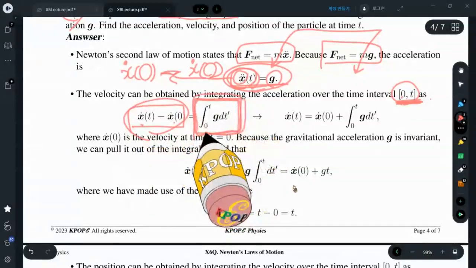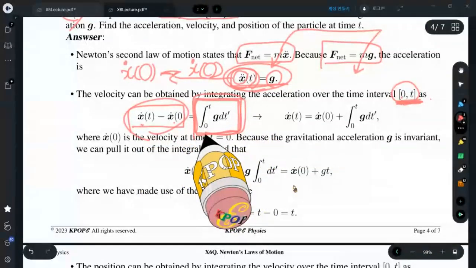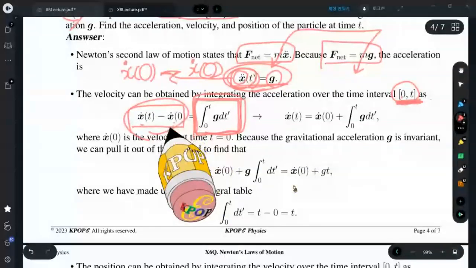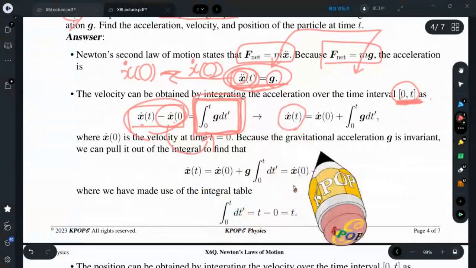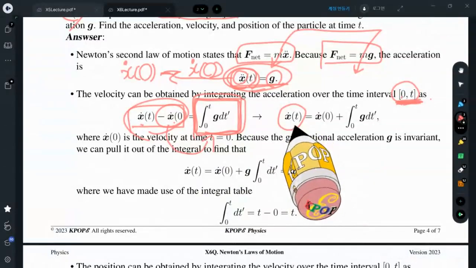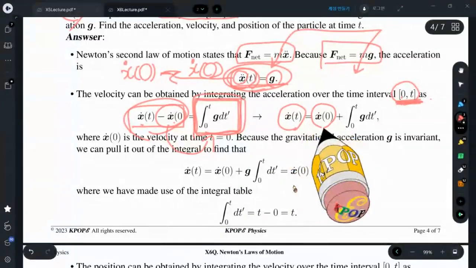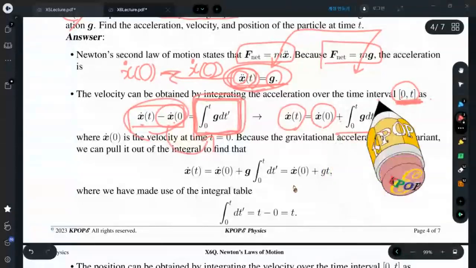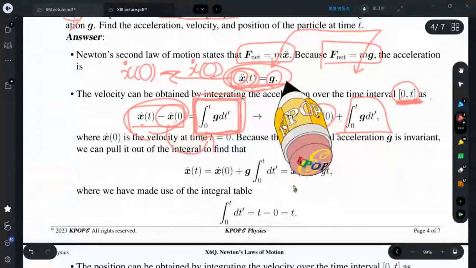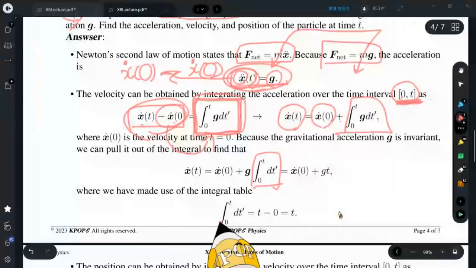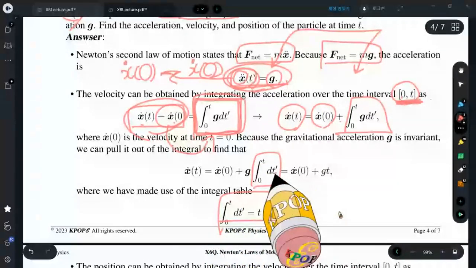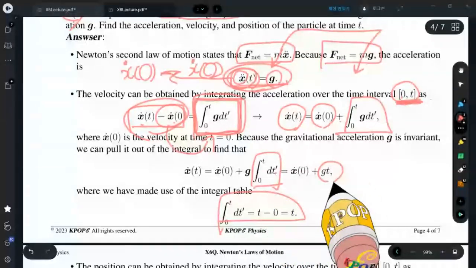That is the definition of a definite integral. And then you shift this to the right-hand side to find that the velocity at arbitrary time is initial velocity plus the definite integral of this acceleration. And this integral is trivial, and we know that this is t. So g t.